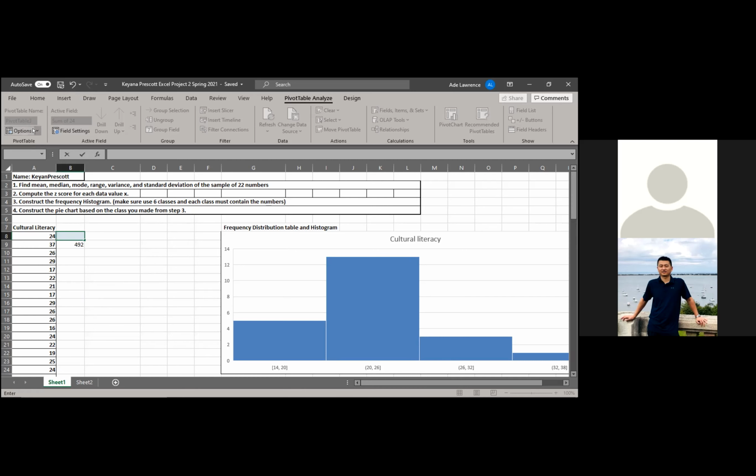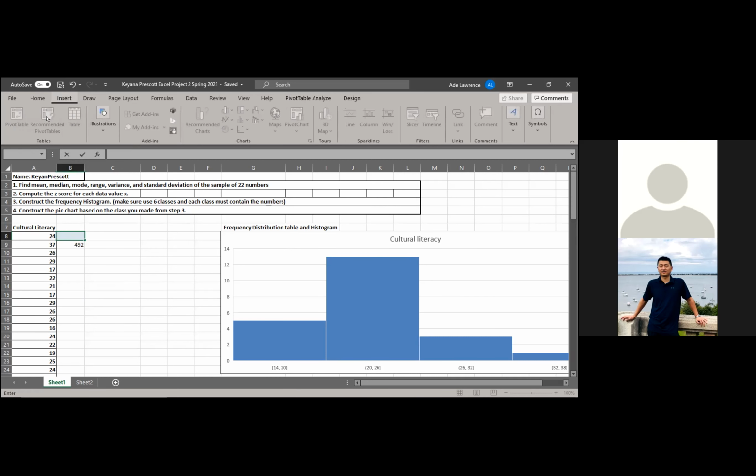When you inserted a pivot table, did you go to insert and then maybe insert one more time? It's not available now. Or maybe go to PivotTable Analyze. You see the PivotTable Analyze?